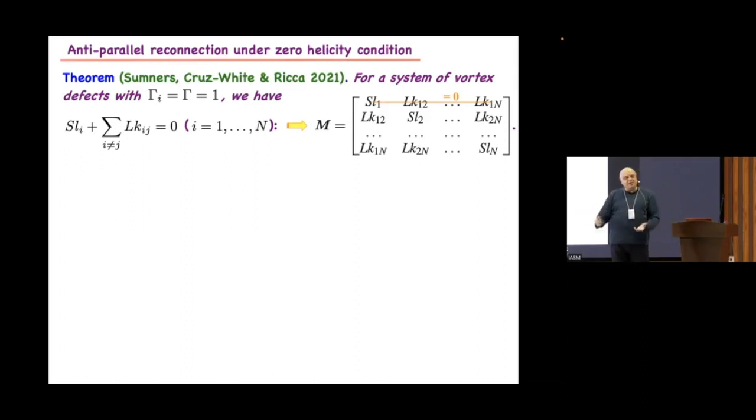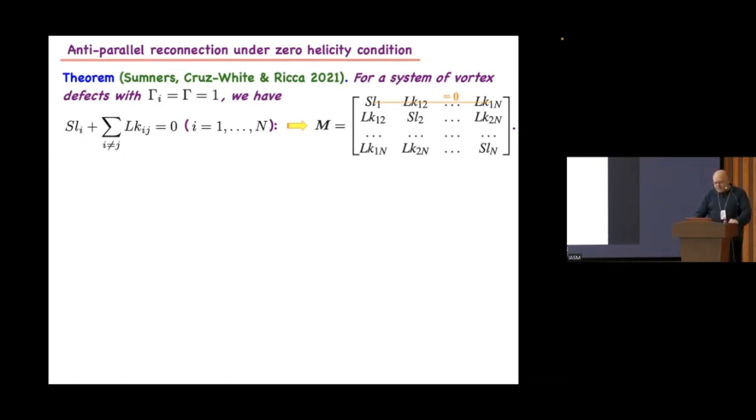You can transform it in a proper reference system into diagonal form. So you would have, ideally speaking, diagonal elements made by self-linking numbers. And what that diagonal form represents is a mystery. So I don't know, but let's leave it out for the moment.